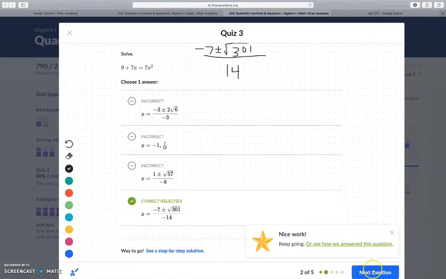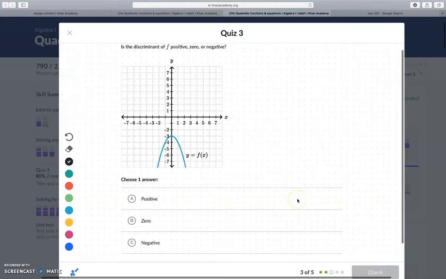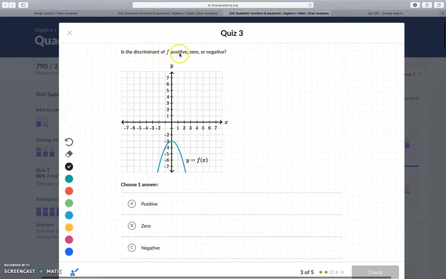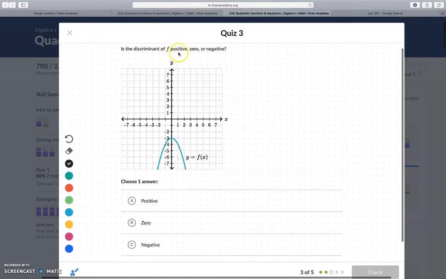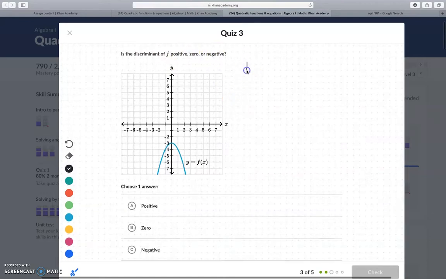So again, I just used the quadratic formula. And that was it. Next: is the discriminant of f positive, 0, or negative? So I'll just break this down for you. If it's positive, that means there are 2 x-intercepts.